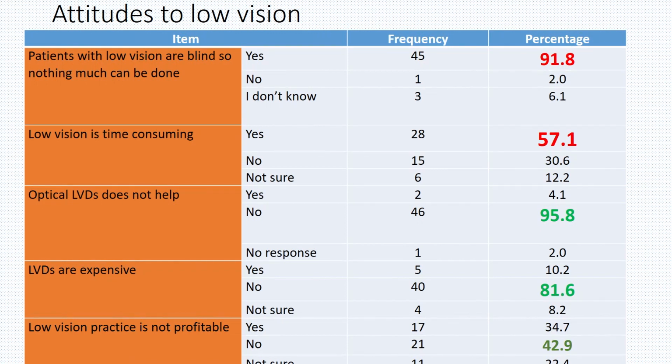And of course, in Saudi Arabia and everywhere in the world, you want to be in business to make profit. And we always want to measure profit in terms of how much comes in. But as somebody who has been practicing low vision for quite some while, there is satisfaction when somebody walks into your clinic and this person has been told 2 years ago, 3 years ago, 5 years ago that, sorry, nothing can be done about your vision.